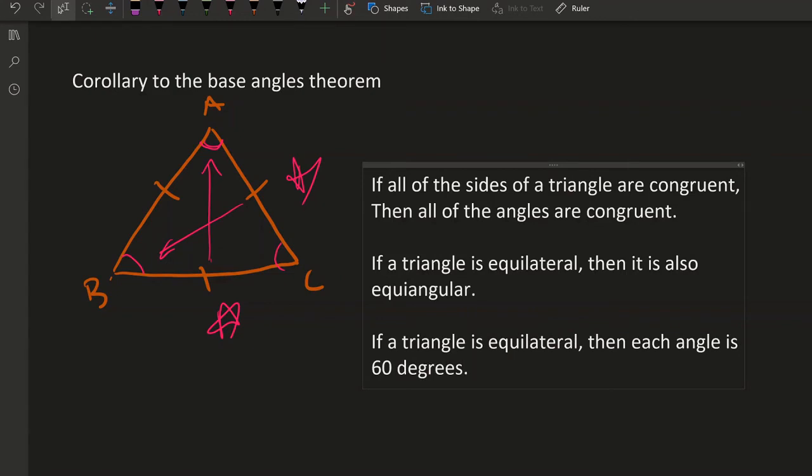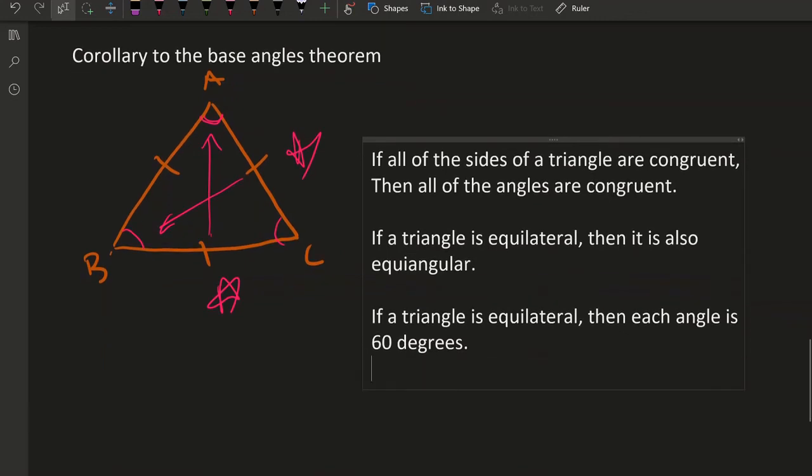Now remember, all triangles, the interior angles add up to 180 degrees. So if it's equiangular and they're all the same, that means each angle is going to be 60 degrees, because 60 plus 60 plus 60 is 180. The converse of this is also true. So there's the corollary to the base angles theorem converse.